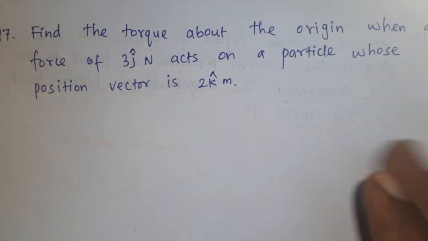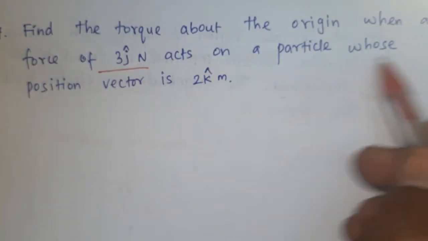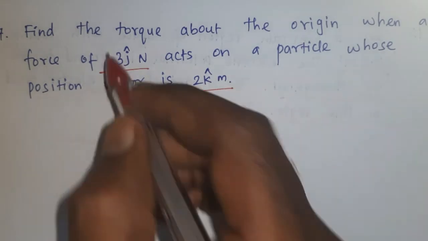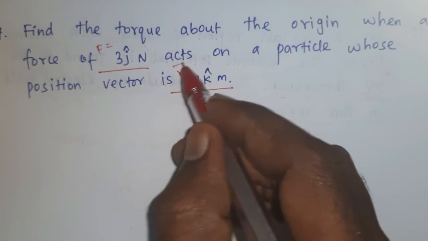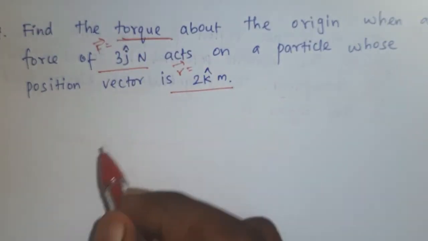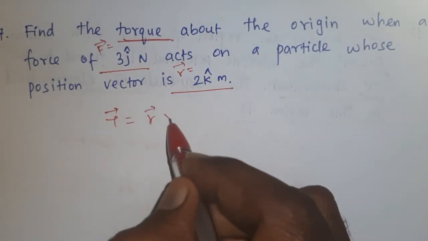Question number 97. Find the torque about the origin when a force of 3 j cap Newton acts on a particle whose position vector is 2 k cap meter. This is the force, this is the position vector. We write it as r vector and f vector. Now we are going to find the torque. So torque in terms of vector quantity is r vector cross f vector.